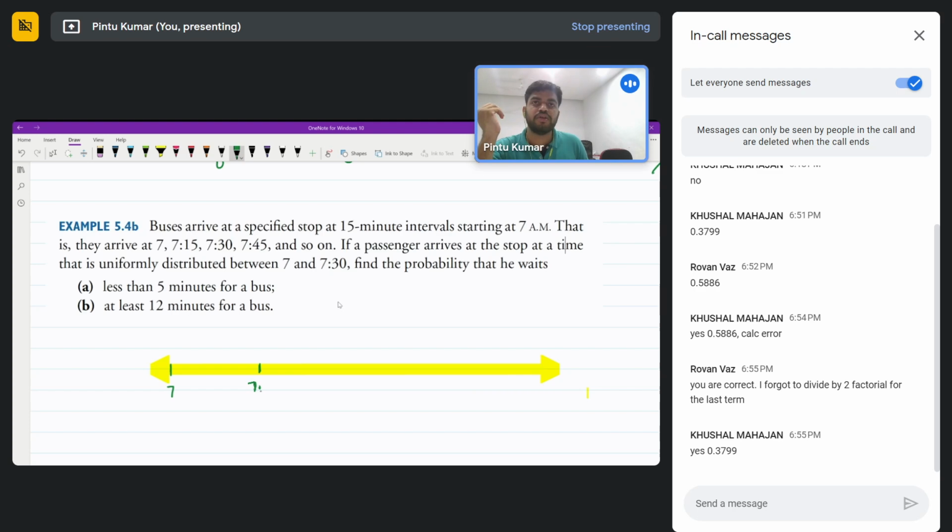So this is 7:15, this is 7:30, this is 7:45, and so on. Let's say this is 8, and so on.